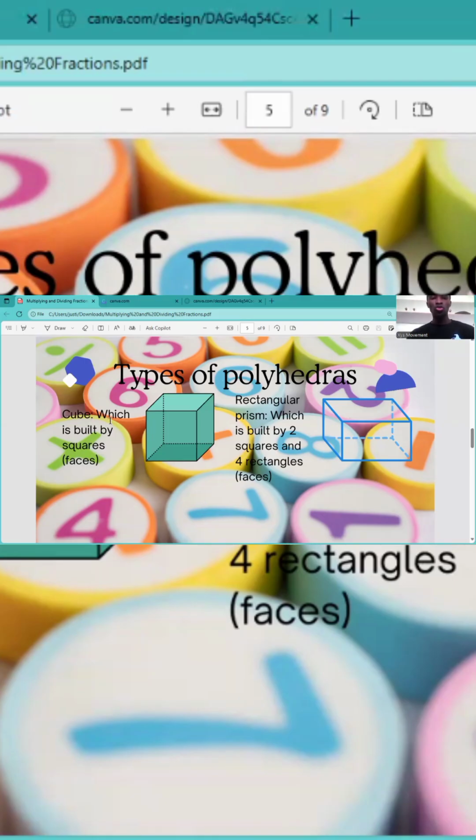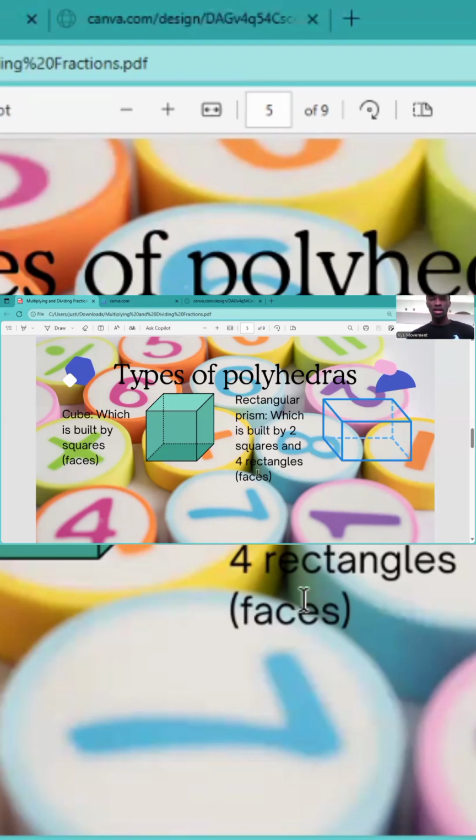This one is a cube, which is built out of squares. Its faces are built out of squares. Now we have a rectangular prism, which contains 2 squares and 4 rectangles, which are the faces.